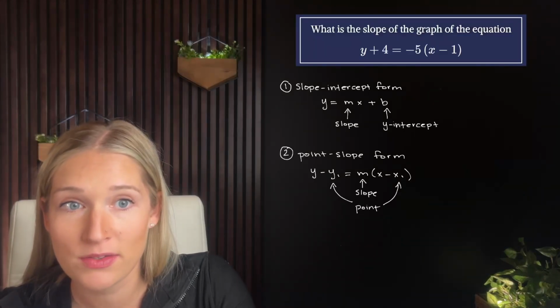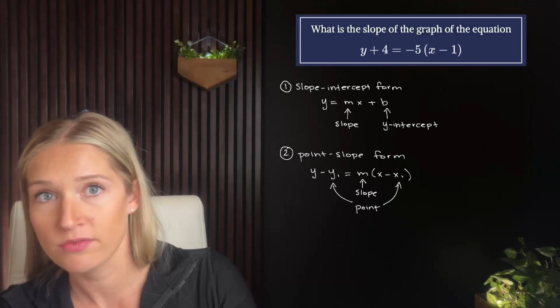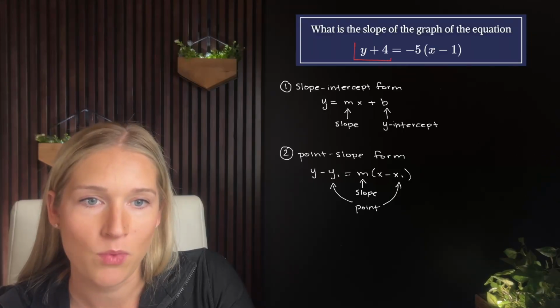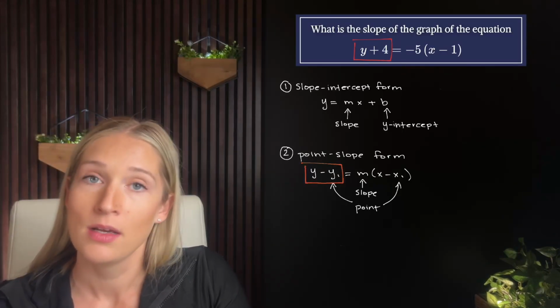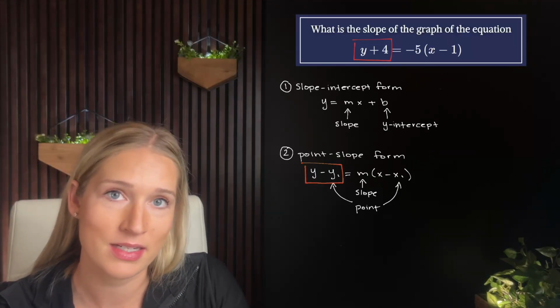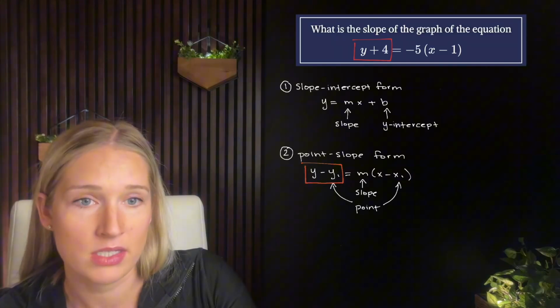Remember that slope-intercept, usually we notice that the y is isolated, and point slope form, usually the y is not isolated. Well, here I have my y is not isolated, and in this equation, my y is not isolated. My y is in fact with a constant, which is the y value from whatever point we're looking at that our line crosses through.